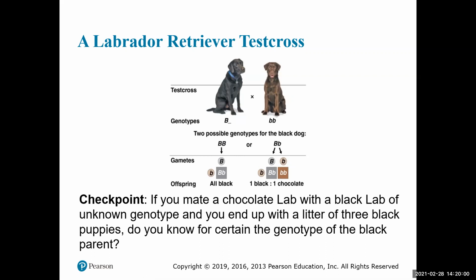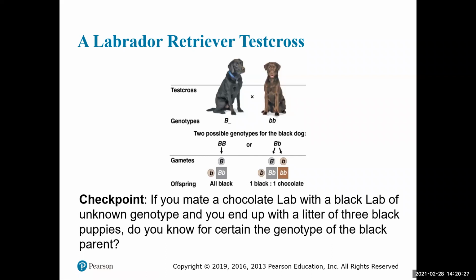What that means is, if we do a test cross and all of the offspring are black individuals, then that means the genotype for the black parent was homozygous dominant, because they only give a black allele, and so all of the offspring will be black.